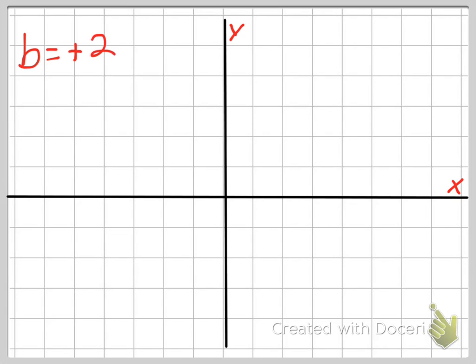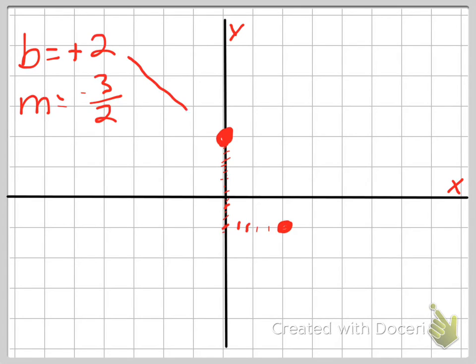That's the first thing that needs to go, positive 2. Now, since the slope is negative from my y-intercept, I'm going to count down 3 spaces. So it's down 3 spaces from the y-intercept, and you go over 2. Okay, so there's that second point.